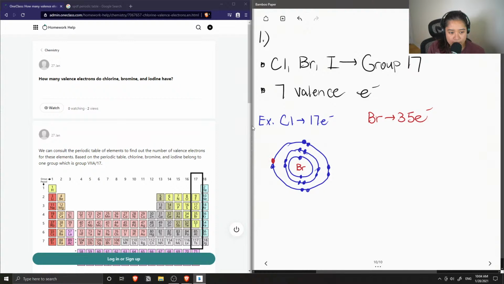And now the difference between bromine and chlorine is that bromine has extra shells around it, and the outermost shell also has 7 valence electrons. Okay, so if you count this out, you end up with 35 for bromine.